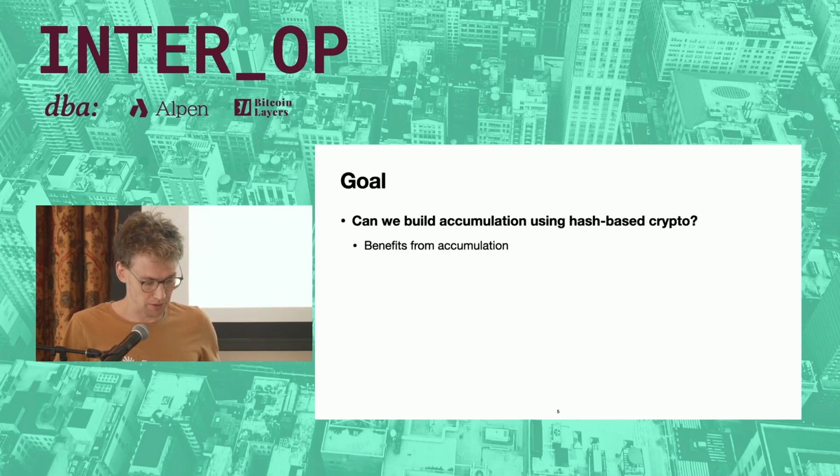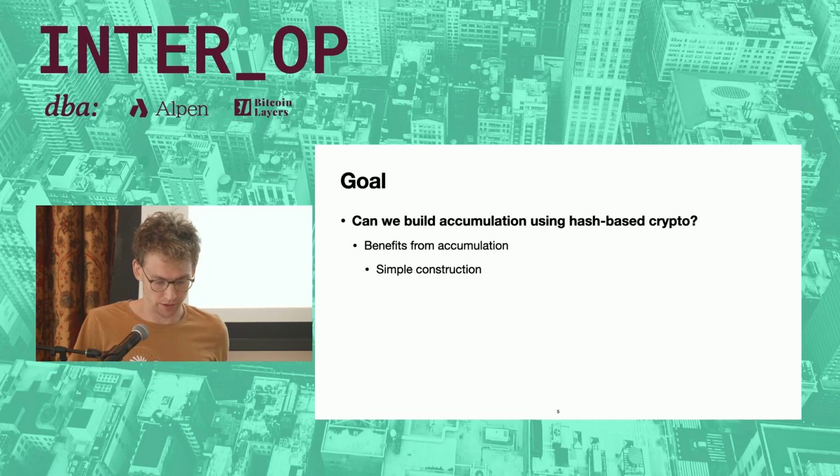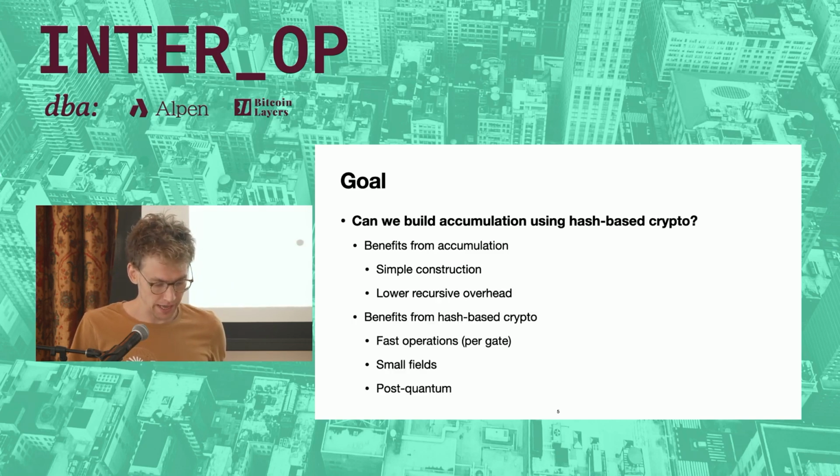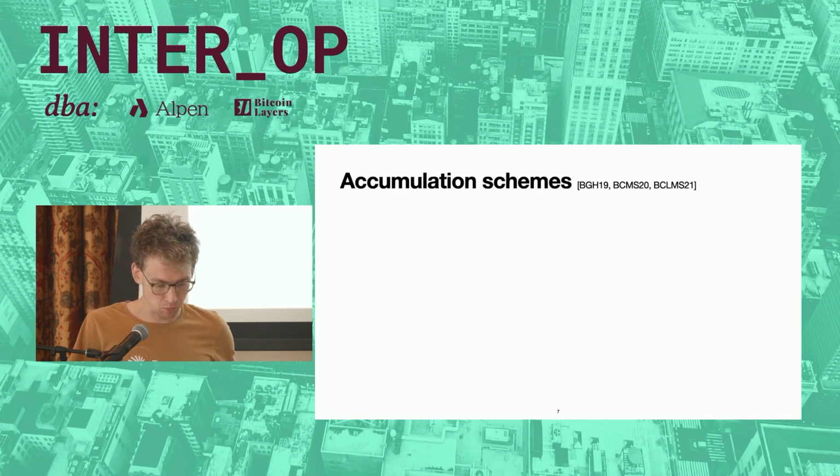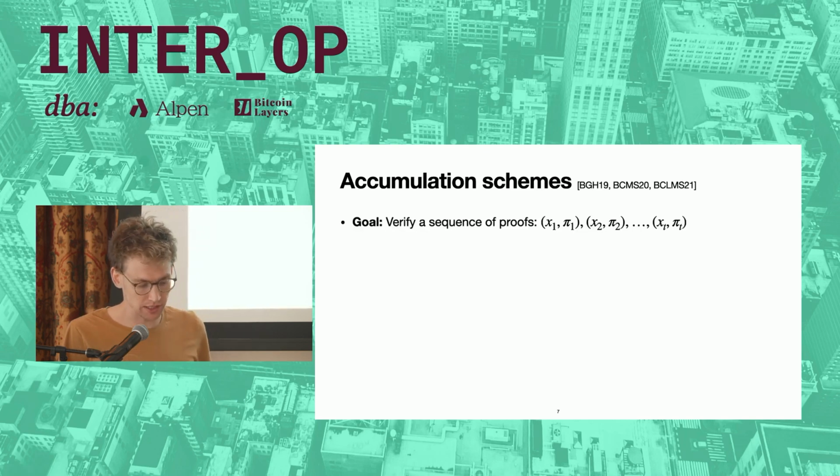Okay, so can we build accumulation of hash-based cryptography? The one thing I want to tell you about these accumulation schemes is that if I have many proofs, I can combine these proofs into an accumulator.